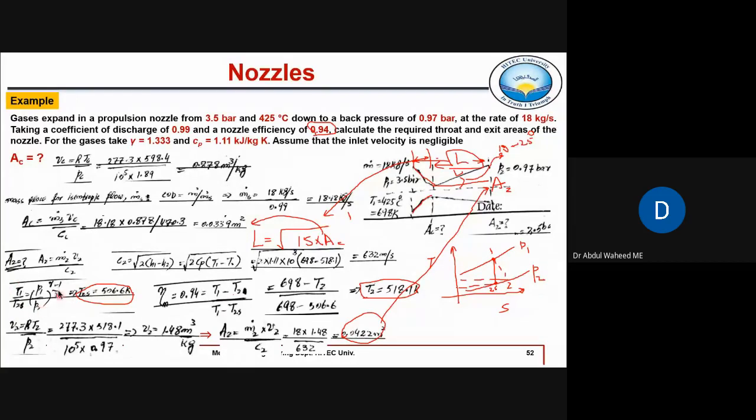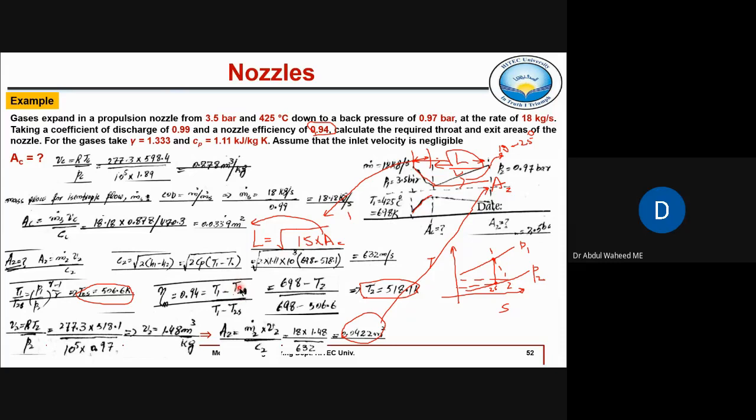जो मैं बार repeat कर रहा हूँ कि what is this equation? This equation is for ideal gas and for isentropic process. So isentropic process के लिए ये equation हमारे पास है. So first we calculate T2S from here. And then we use this T2S here in this equation of nozzle efficiency to calculate it.